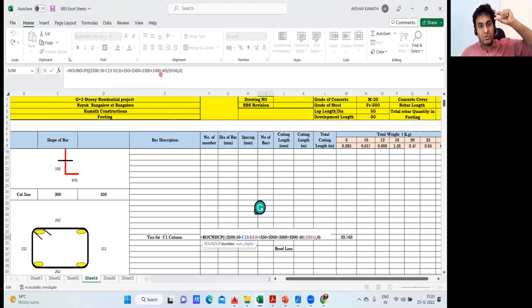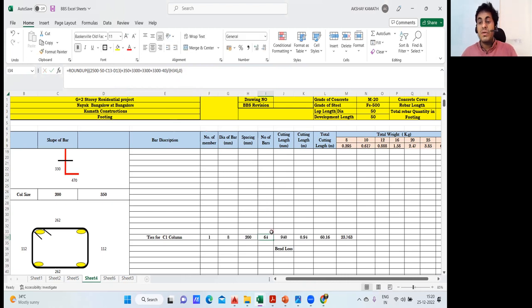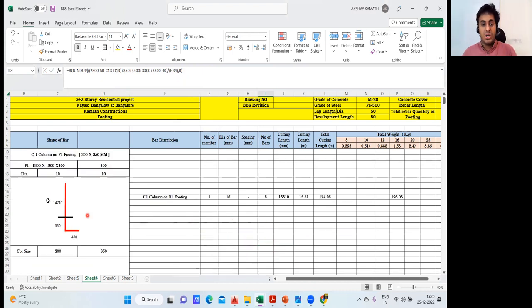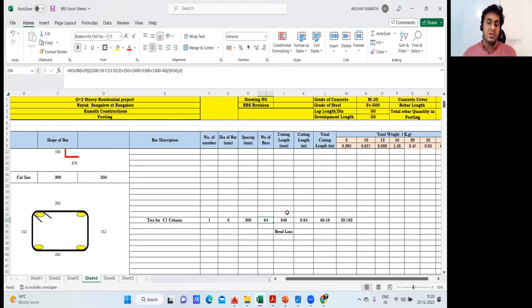Whatever answer you get should be divided by the spacing, which is 200, and then comma and 0 to make it a round figure. Otherwise, you'll get like 64.1, 63.1. I have closed the bracket. Finish. I got the answer. So totally, I require 64 lateral ties if I want to do the complete column of this height. 64 is required. Simple.